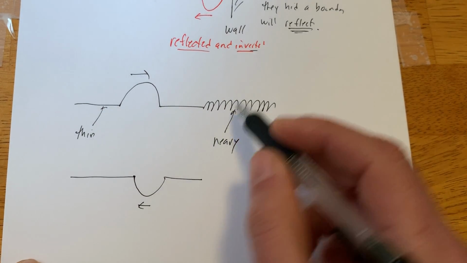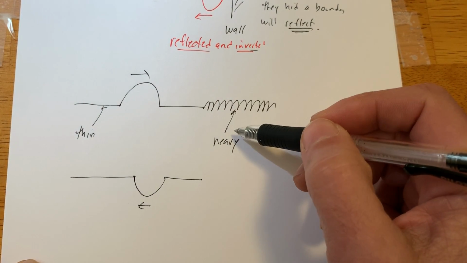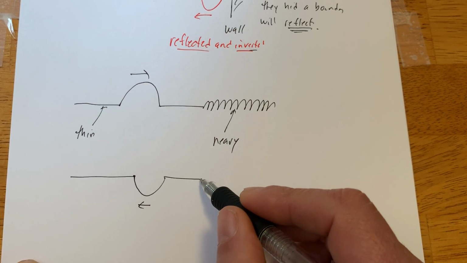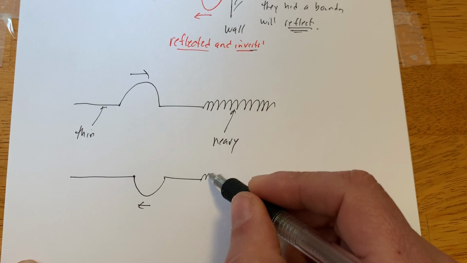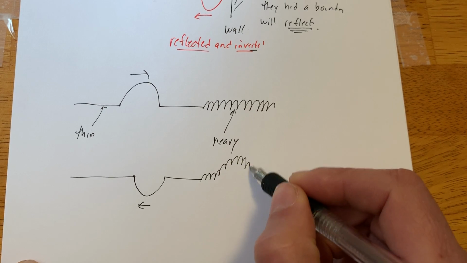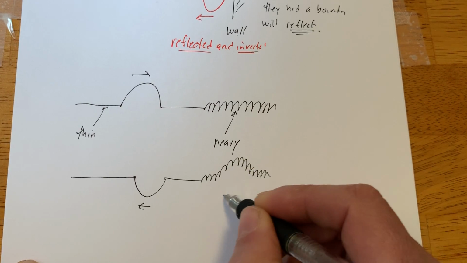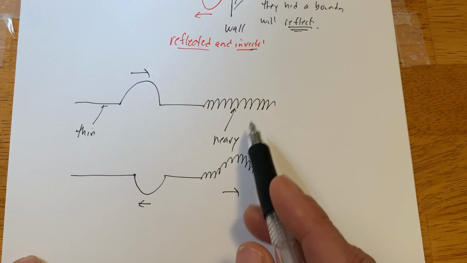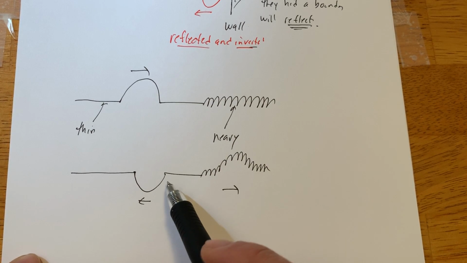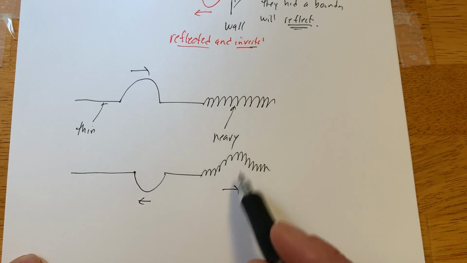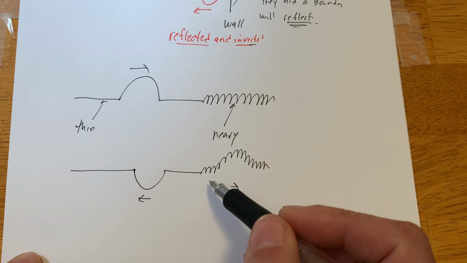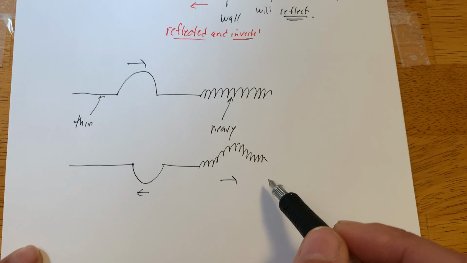But what about this boundary? Now, this is not fixed. This is free to move. So what's allowed to happen here? Well, if you said some of it is transmitted through, you are correct. Since it's just another string, just a little heavier, some of the energy of this original wave gets reflected back, and some of it gets transmitted.